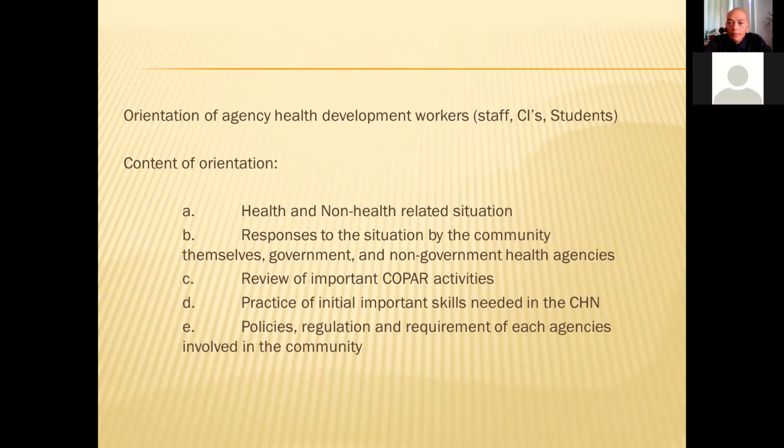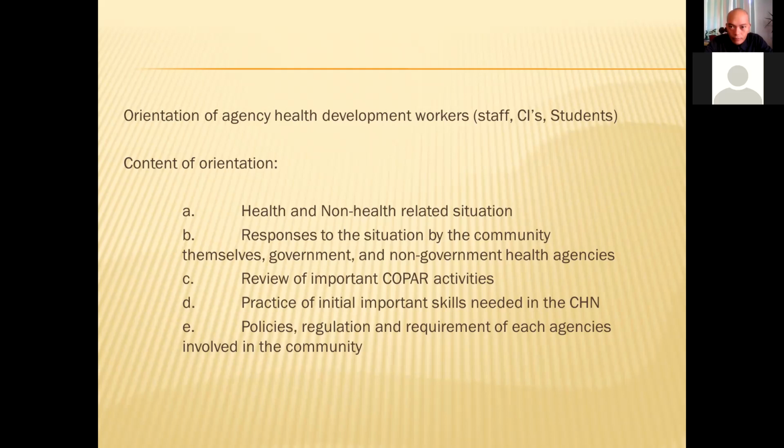We have to talk to you about the situation of the community in terms of environment, what to expect, for example their health situation, what the ongoing illnesses are, and why we chose that community. We have to orient you about that. Orientation regarding the responses to the situation by the community themselves, government and non-government health agencies.